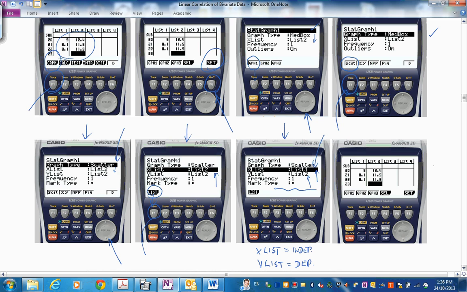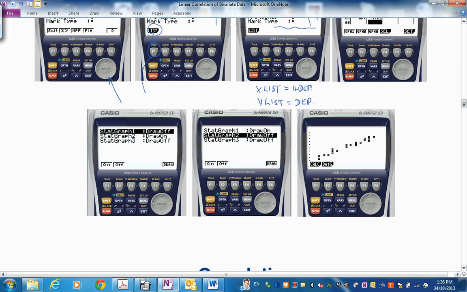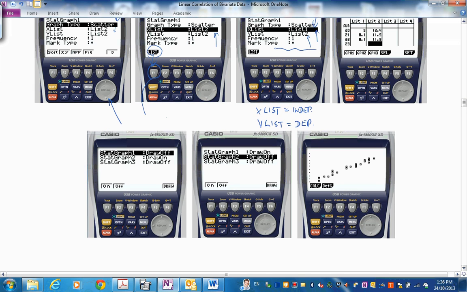Okay, so if you hit execute, you come back to this window, and we'll go down and finish this off. Here we've got to select which graph we want to draw, so go to F4, and we get this window. You can see stat graph 1 is off at the moment, we don't want that.